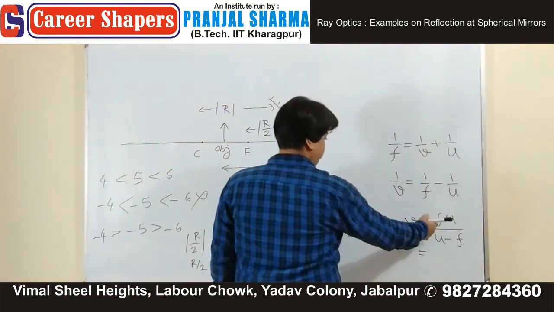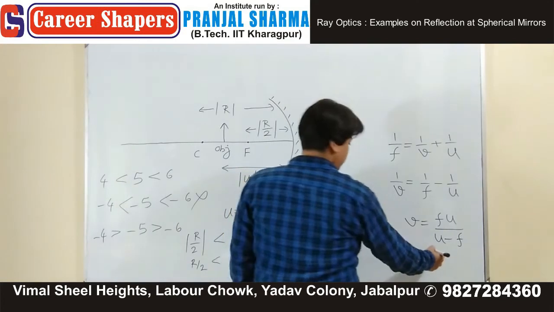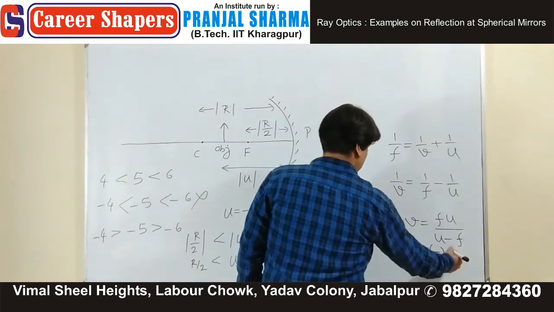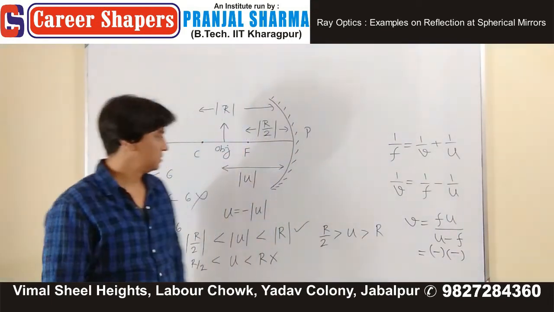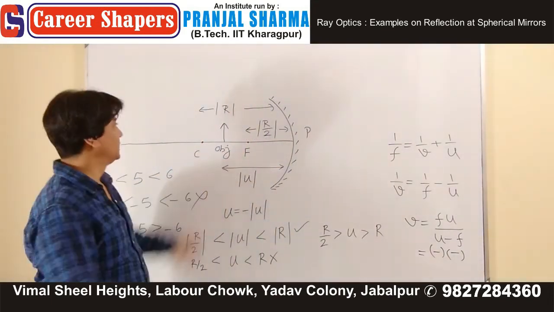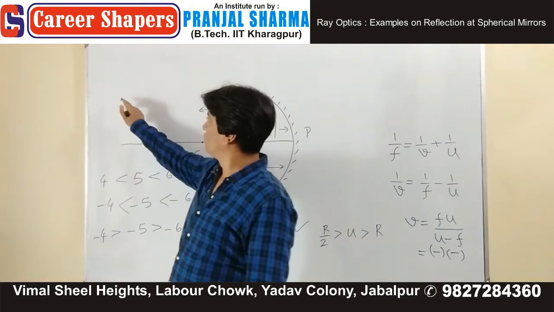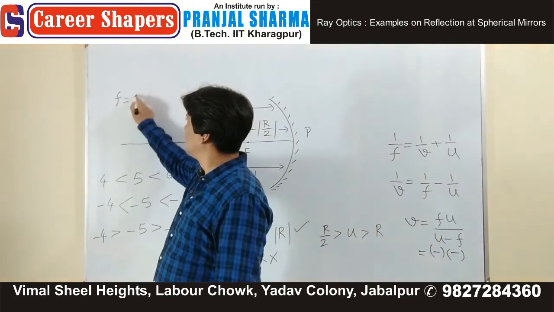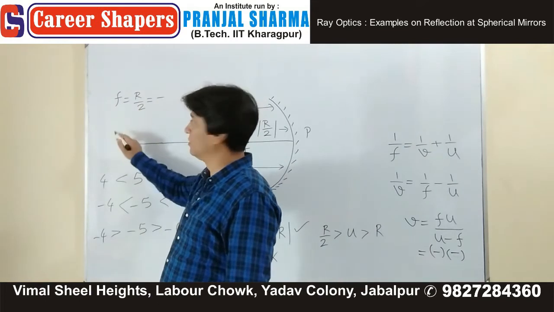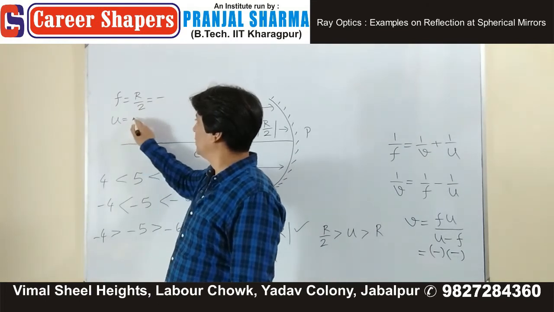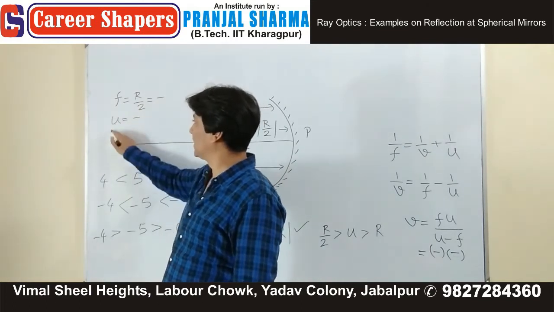What is f? A negative number. What is u? Another negative number. Focal length is r by 2, which is negative. U is on the left side and therefore is negative.